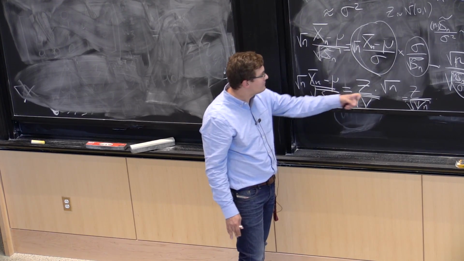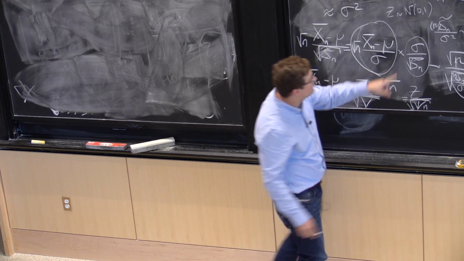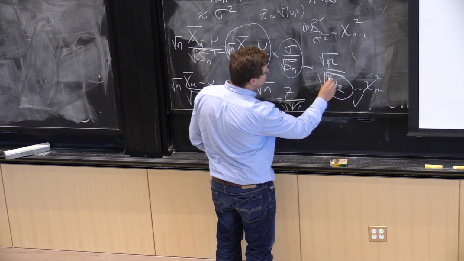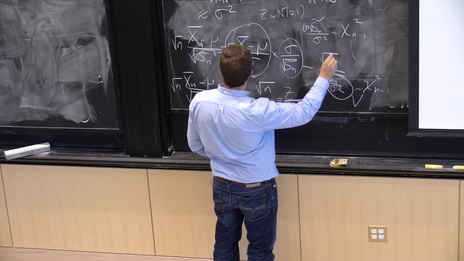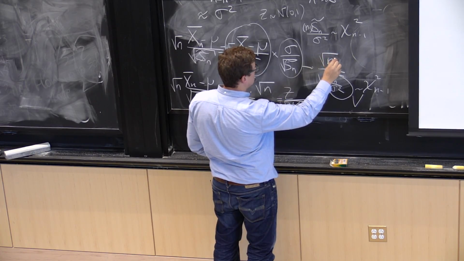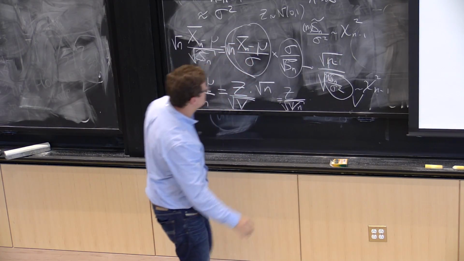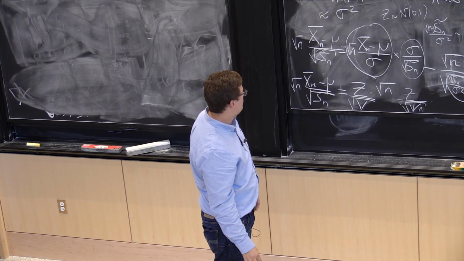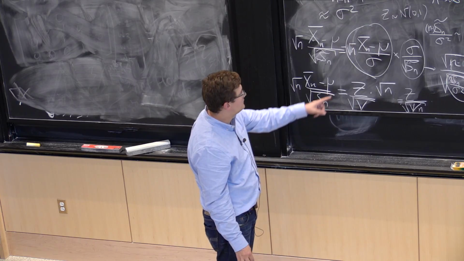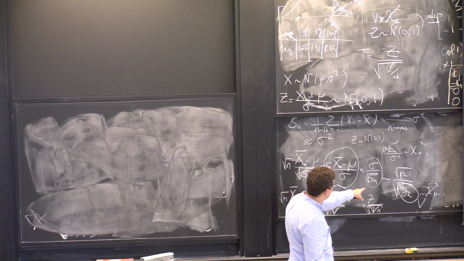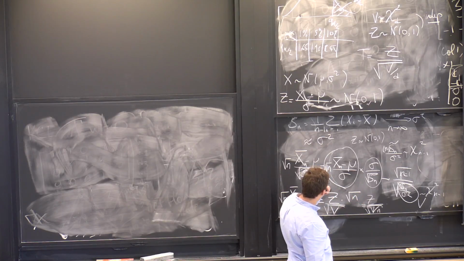OK, so now I have this thing, and I'm on my way to changing this guy. So here now I have not root n, but root n minus 1. Where did I get my root n from in the first place?